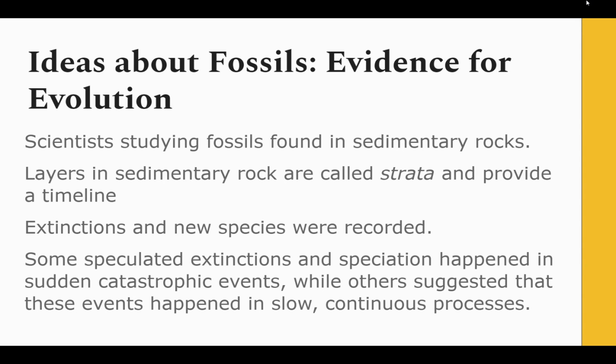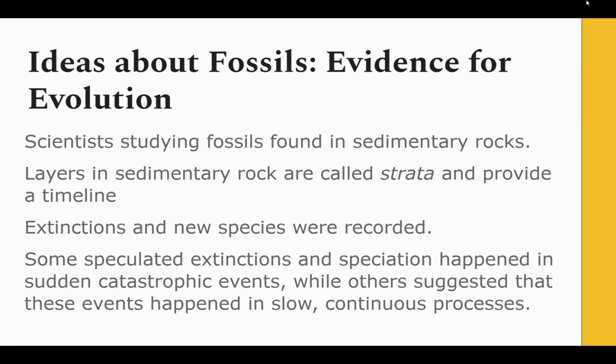So, one of the main reasons we had these ideas was because of fossils, right? Fossils have been found for a very long time, and those fossils are often found in sedimentary rocks. The awesome thing about sedimentary rocks is that they have visible layers.